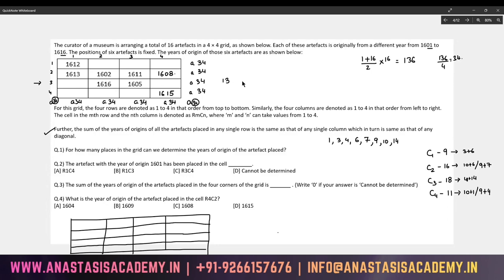How can a 13 be made for row 3? It can be made with 10 and 3, 9 and 4, or 7 and 6.